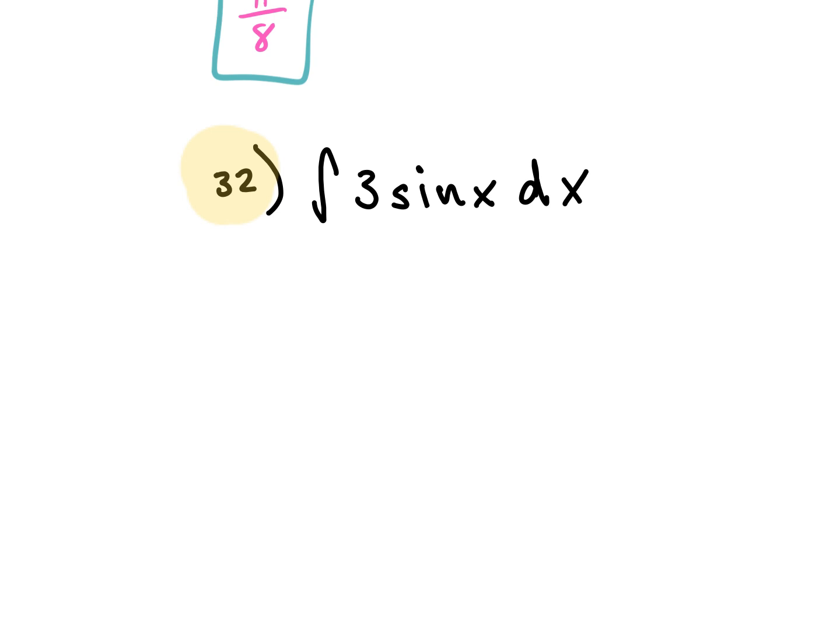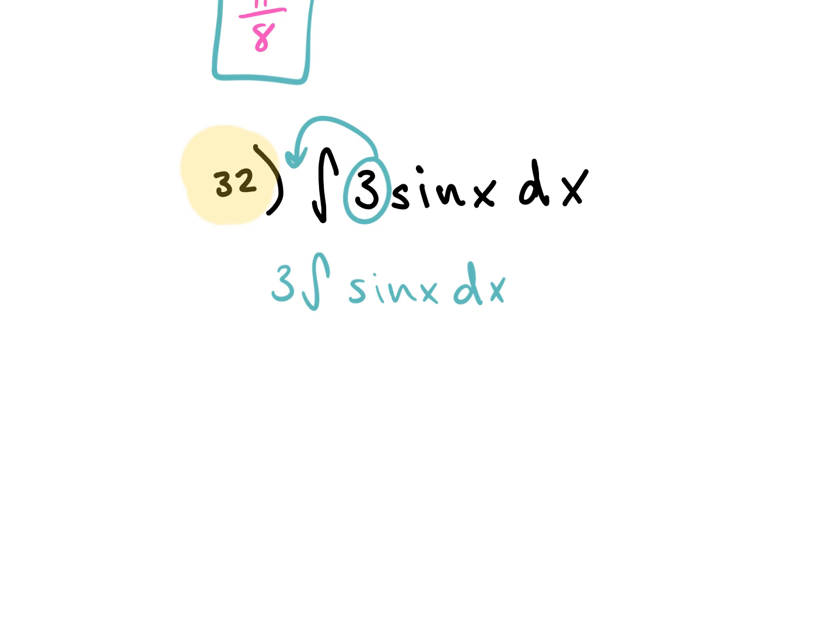For 32, I can take my coefficient and put it on the outside. If it's just a value that's being multiplied to your function, you can put it on the outside. There's no x's attached to this 3, so we'll put our coefficient out front. So 3 times the integral of sine of x dx. What is the antiderivative of sine of x?